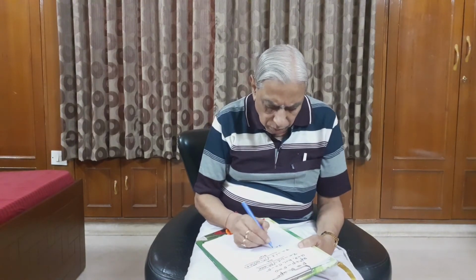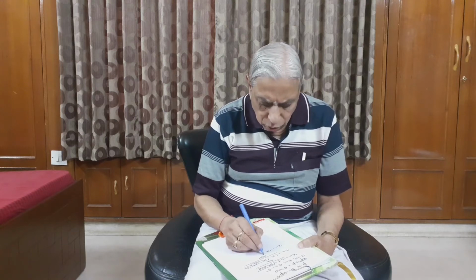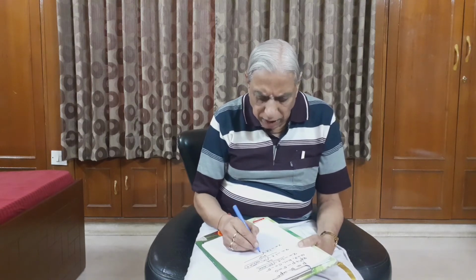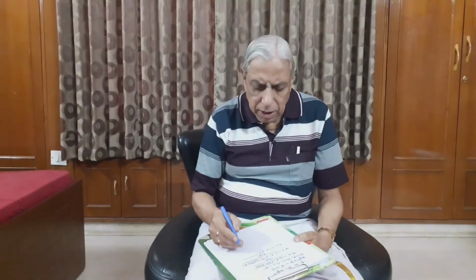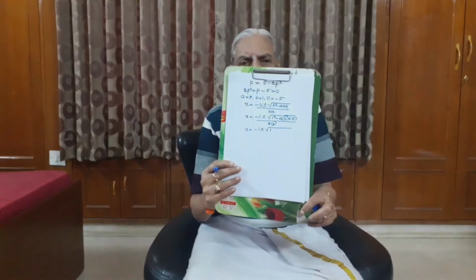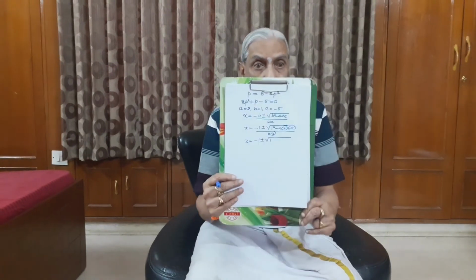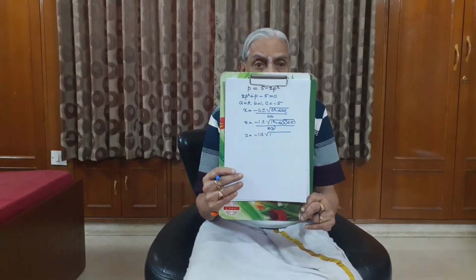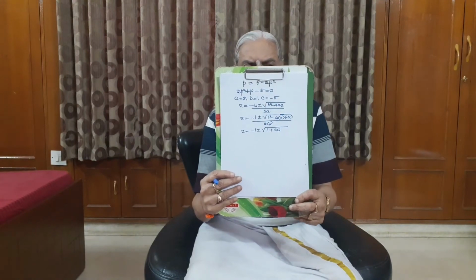X is equal to minus 1 plus or minus square root of what is 1 squared? 1 squared is 1. Then minus 4 into 2 into minus 5. There are two minus signs here. Minus into minus is plus, so the value will become plus. 4 into 2 into 5 is 8 into 5, which is 40.